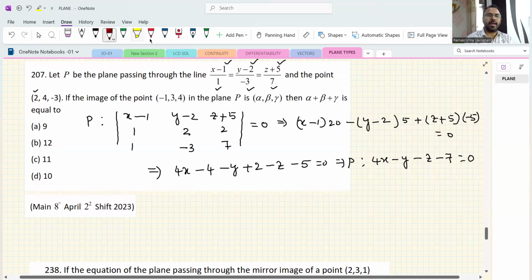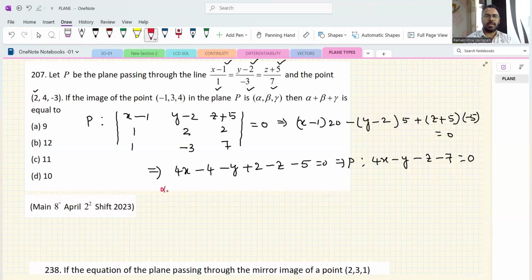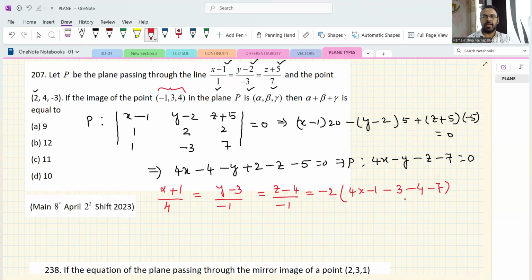The image is given by: alpha minus x1 by x coefficient of the plane, which is 4; y minus 3 by y coefficient, minus 1; z minus 4 by z coefficient, minus 1; equal to minus 2 times, substitute the point whose image you want to find in the plane, that is 4 into minus 1 minus 3 minus 4 minus 7, whole divided by a square plus b square plus c square, which is nothing but 18.